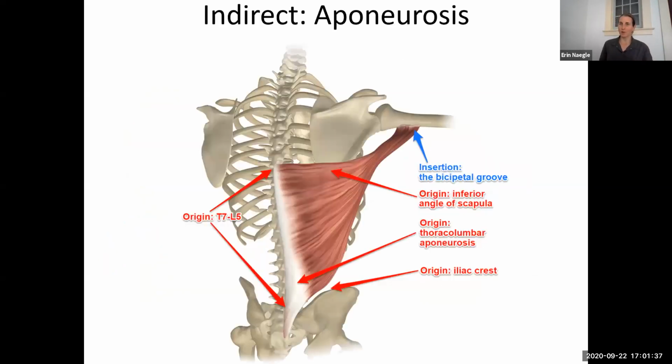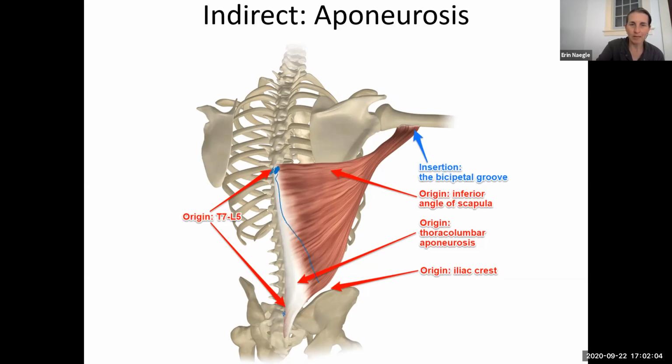Here's another one. This is on your lab muscle list. This is the latissimus dorsi. So now we are on the back of the body. And here you can see this attachment to the latissimus dorsi starts up here at T7, that's thoracic vertebra number 7, and goes down to L5, that's lumbar vertebra number 5.